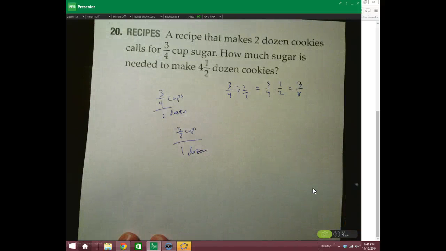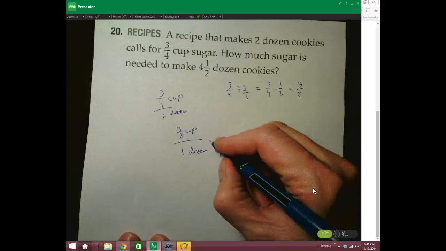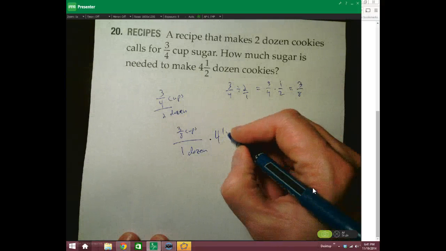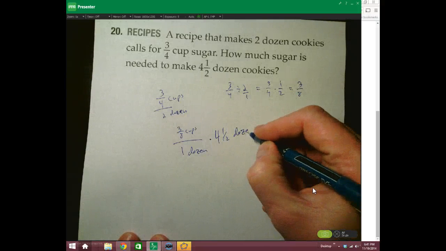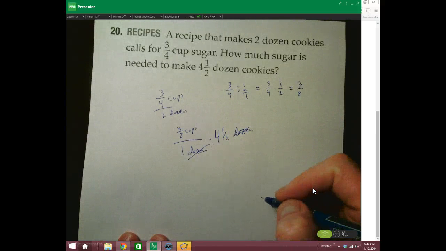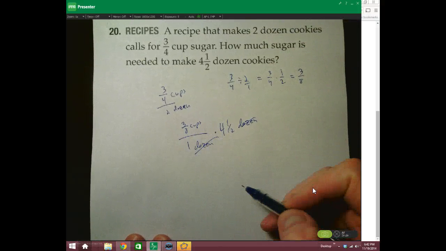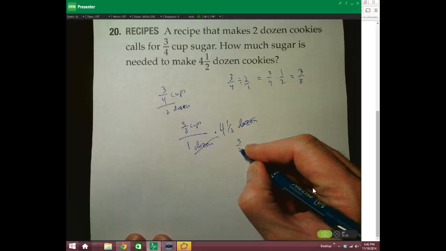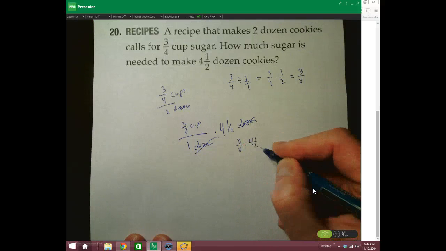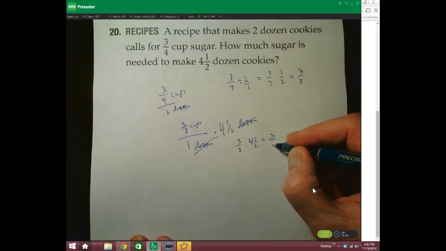Now the question is, how much is this for 4.5 dozen? Well, I'll multiply by 4.5 dozen then, canceling off the units, and that'll just give me cups. So what I'm really doing for this problem is 3/8 times 4.5. Back in our fraction chapter, we had to multiply this by making it an improper fraction.